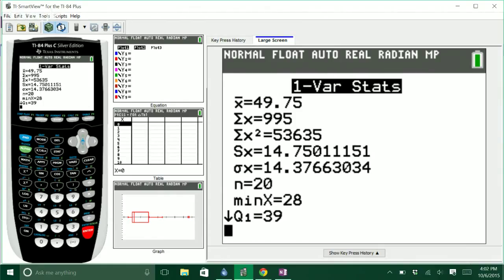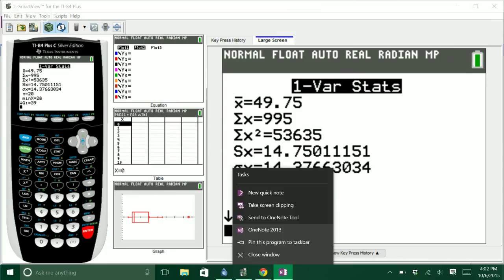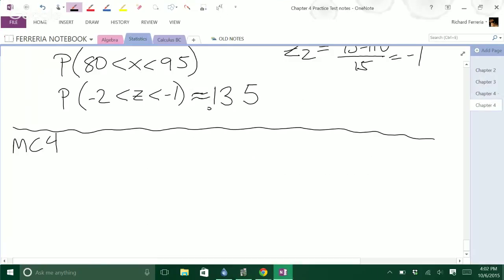The first quartile, sorry, Q1 is 39,000. Q3 is 49,000.